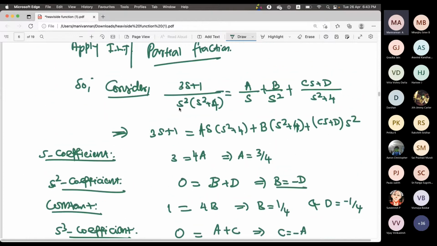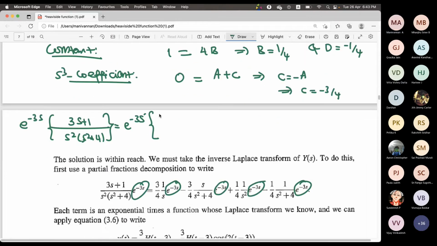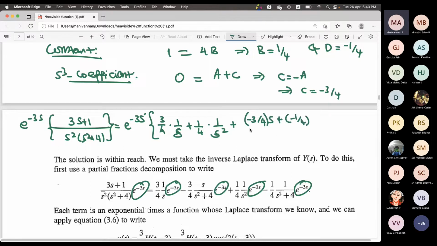A is 3 by 4, so 3 by 4 into 1 by s. B is 1 by 4, so 1 by 4 into 1 divided by s square, plus Cs plus D, so minus 3 by 4 s plus minus 1 by 4, divided by s square plus 4.